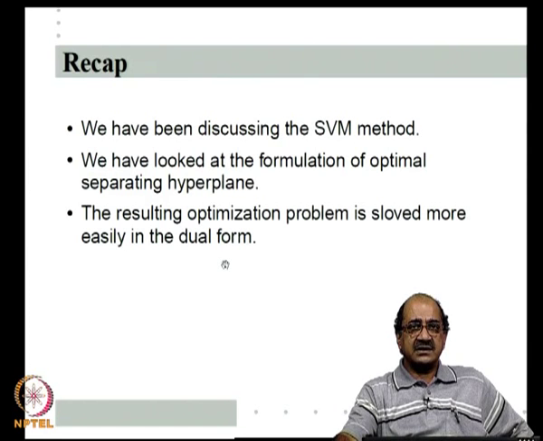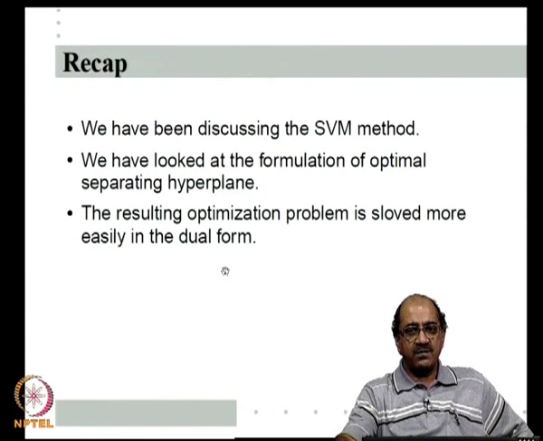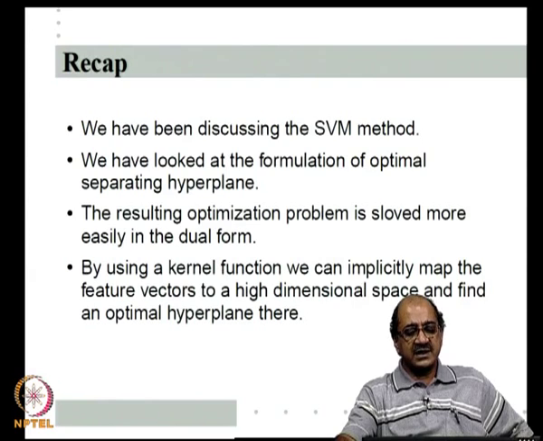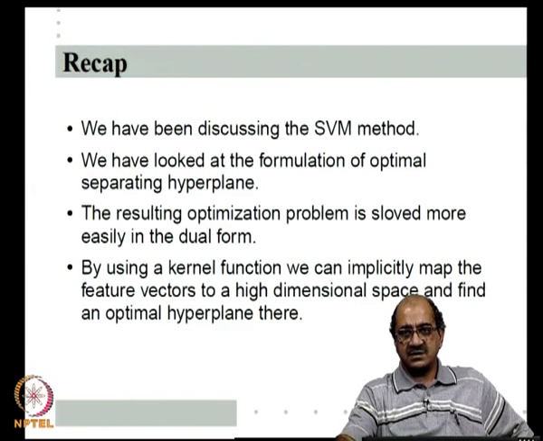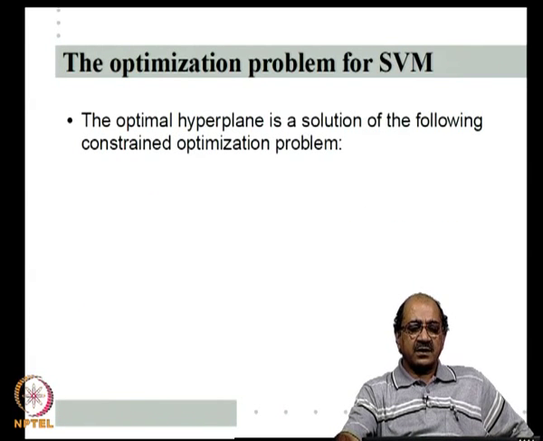And we have seen that this problem is solved more easily in the dual form and by using a kernel function we can implicitly map the feature vectors to a higher dimensional space and then find an optimal hyperplane there. This has been the overview of support vector machine so far. So, I will quickly recap this before going forward.